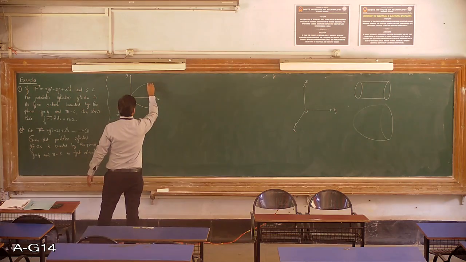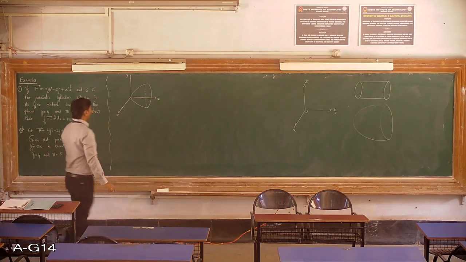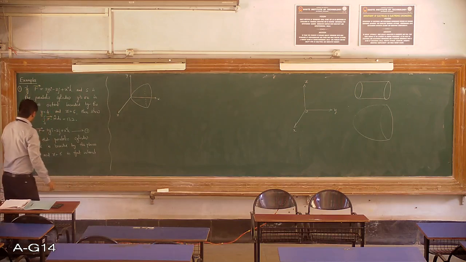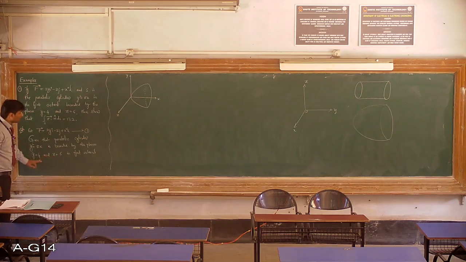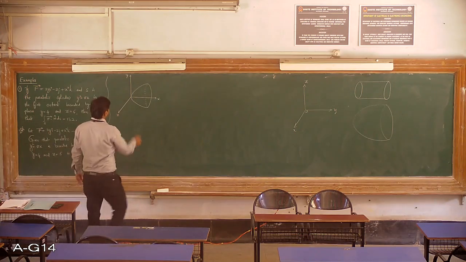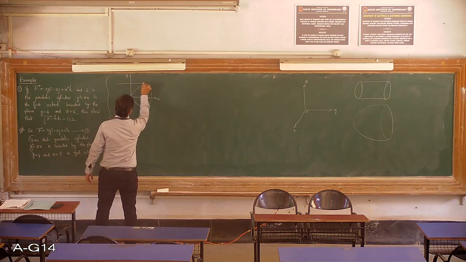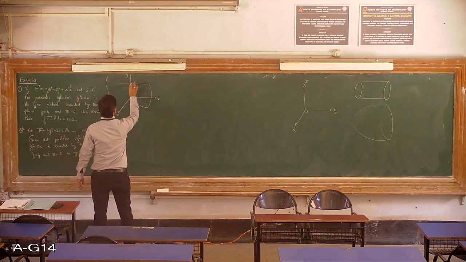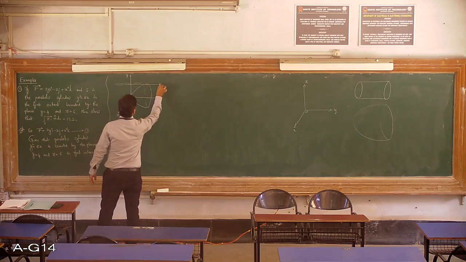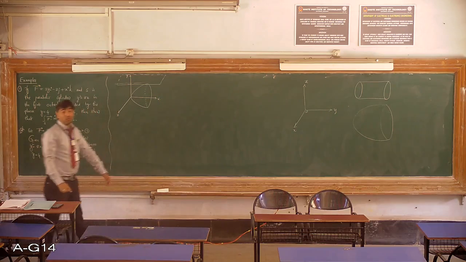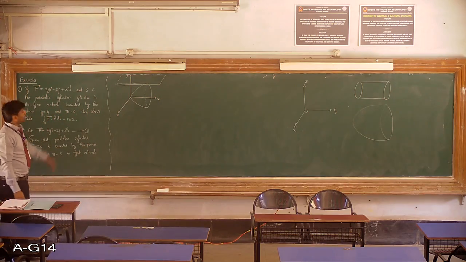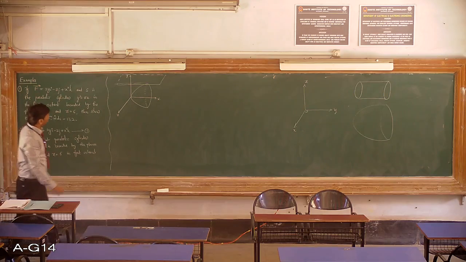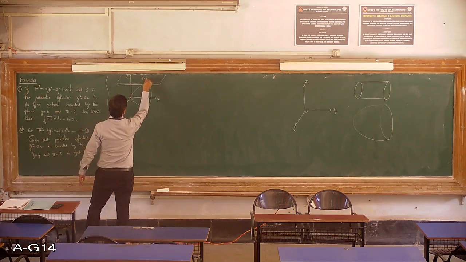Now they are saying that it is bounded by the planes z is equal to 6 and y is equal to 4. y is equal to 4 is a plane which is parallel to the xz plane at y is equal to 4.